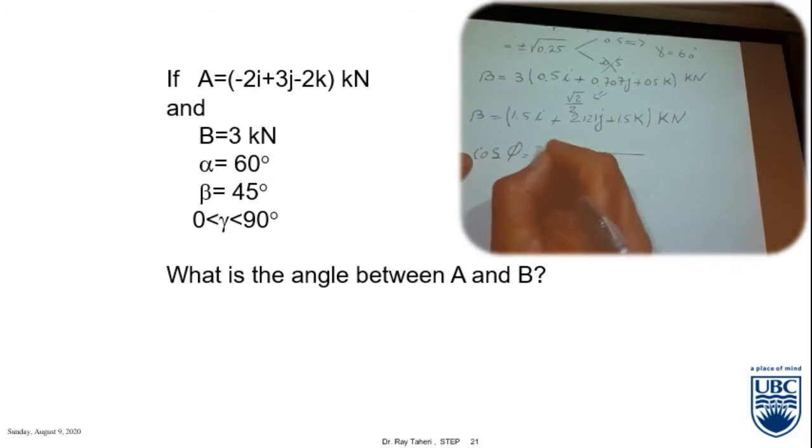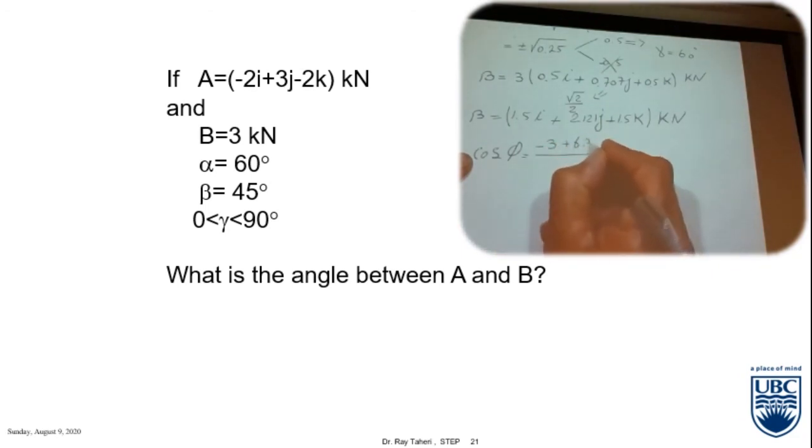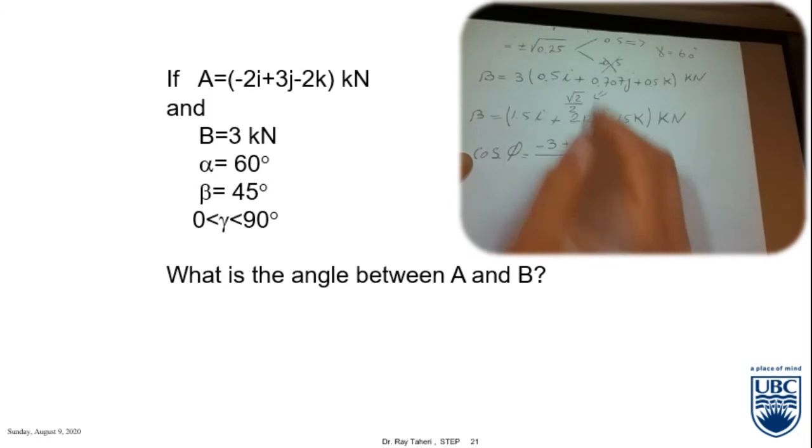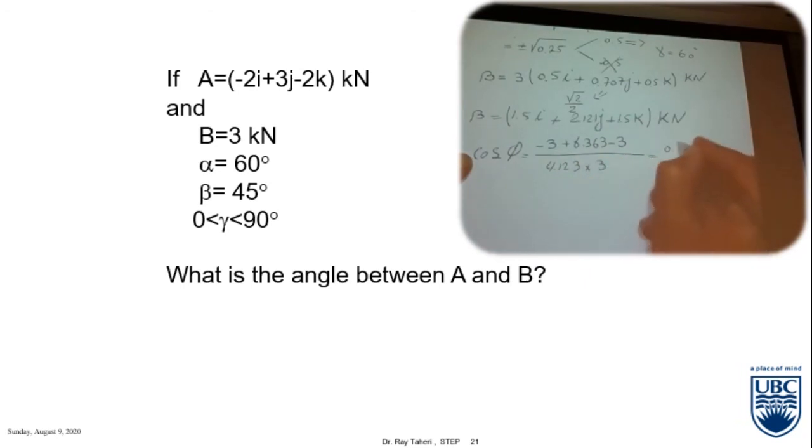So it's going to be minus 3 plus 6.363 minus 3, and this is divided by the magnitudes of these two vectors, which is 4.123 multiplied by 3. It is 0.363 divided by 12.369, and this is 0.051.